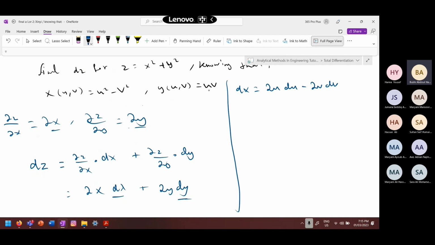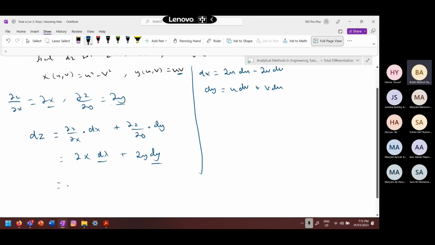And as for y, you have chain rule because you have a multiplication. So dy is going to be equal to u dv plus v du. This seems familiar, right, from differential equations. Okay, now substitute these values and this.